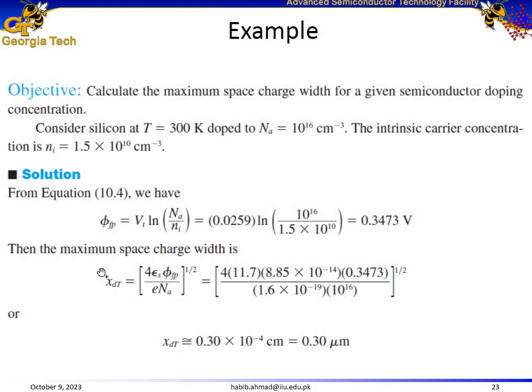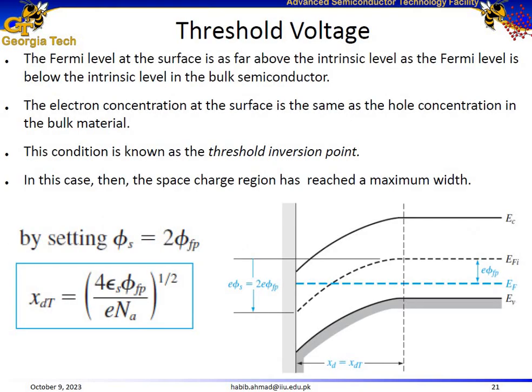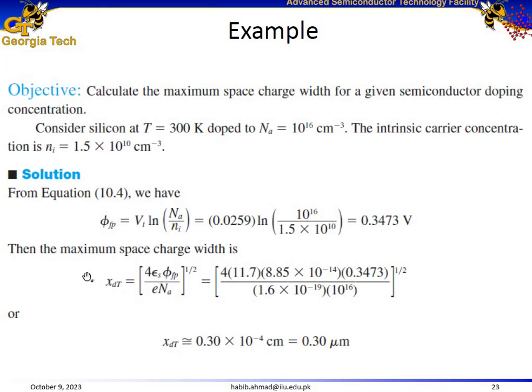So we have a formula for calculating the maximum depletion width. We know that we see the maximum depletion width at the threshold voltage, and we have this expression for calculation of the depletion width at the threshold voltage. But first we need to calculate phi Fp using this simple formula.